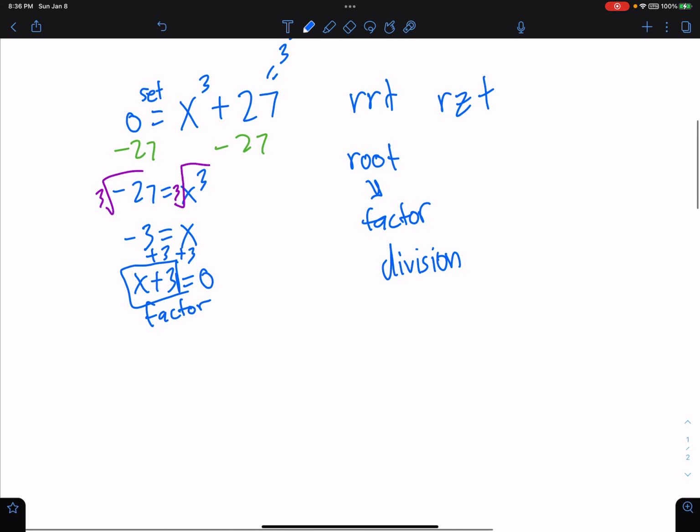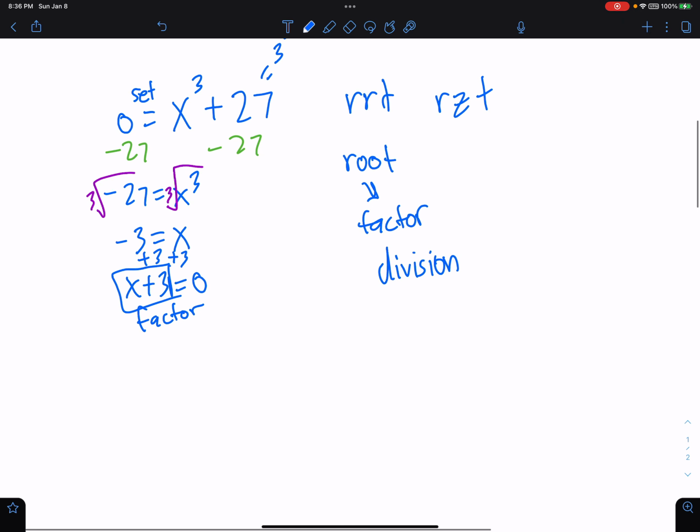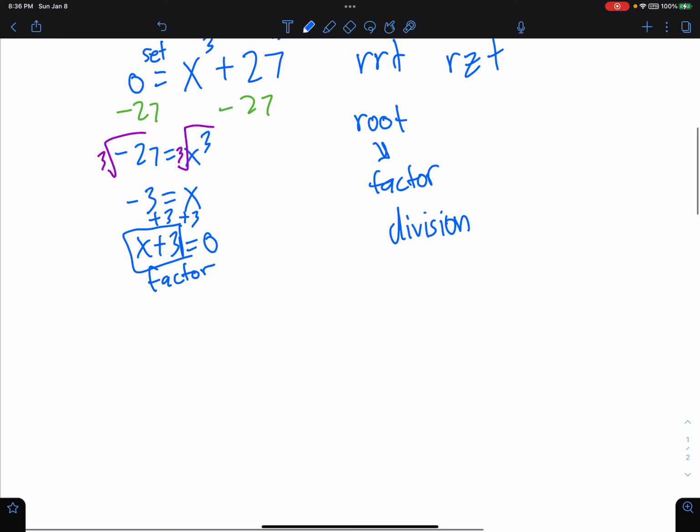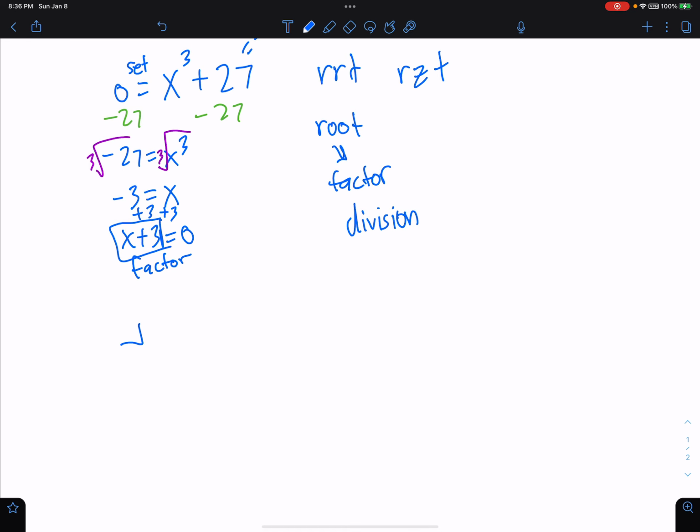Now I'm going to use synthetic division because we're dividing by a linear term, so I think it's easier. We will set up our synthetic division like that, and for long division, we will set it up like that.